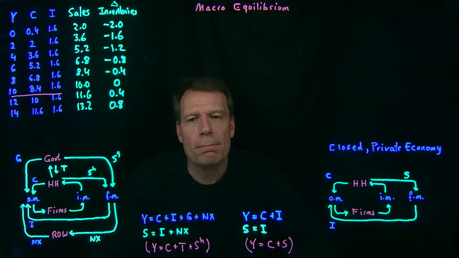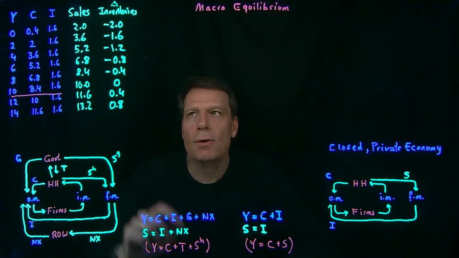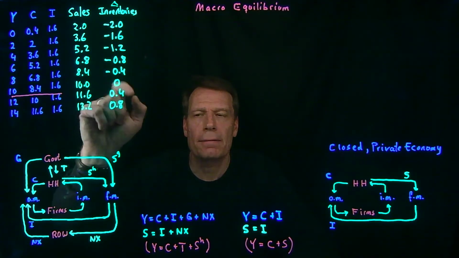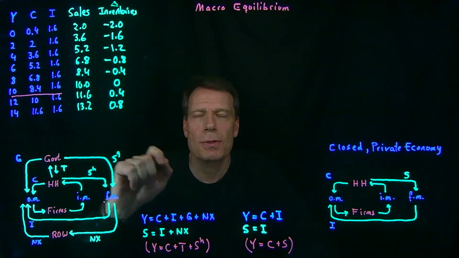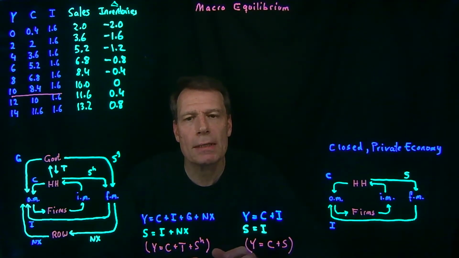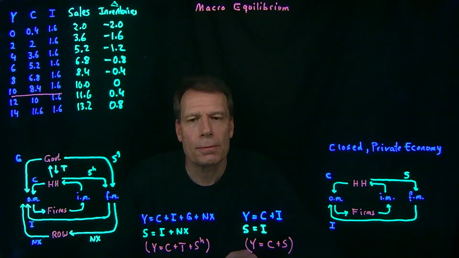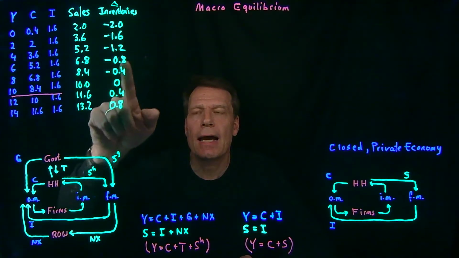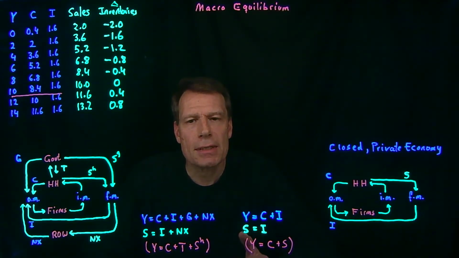Now imagine being a business. You're seeing your inventories decline. So you're somewhere in these rows and you're seeing your inventories falling. Your warehouse is being depleted. What are you going to do? Well, you're going to decide you should produce more because you don't want your warehouse to become empty. So when we see declining inventories, businesses have an incentive to start producing more.